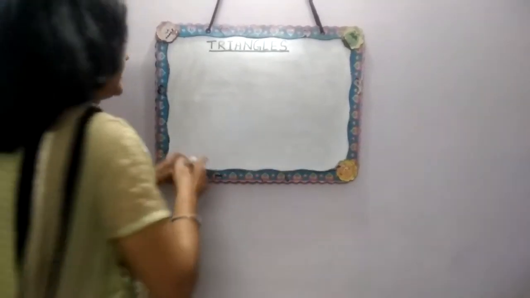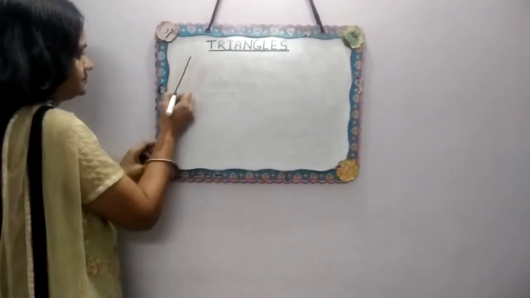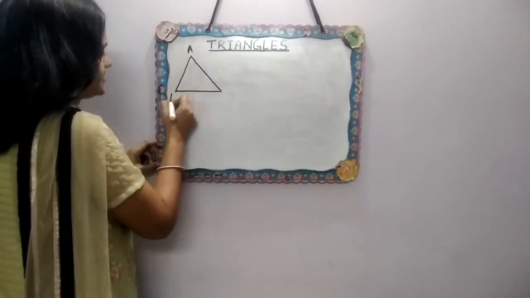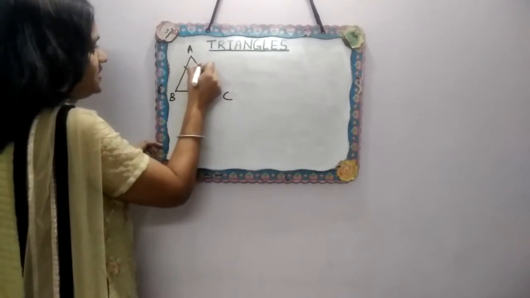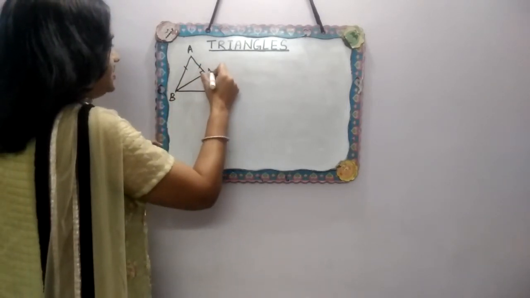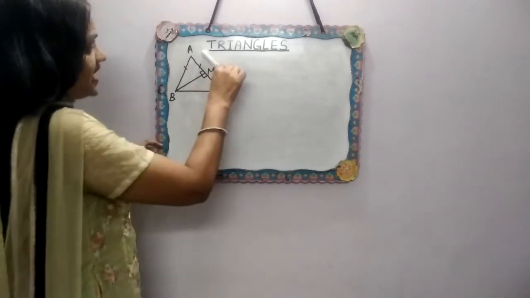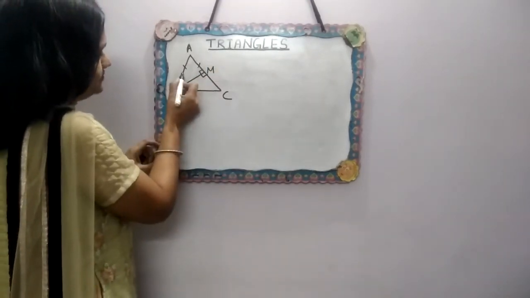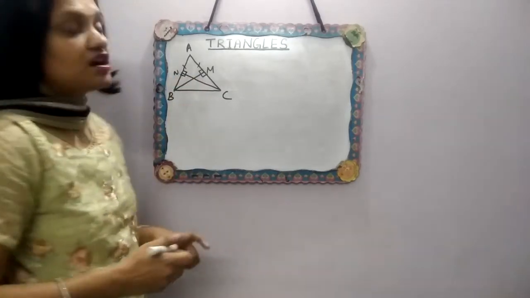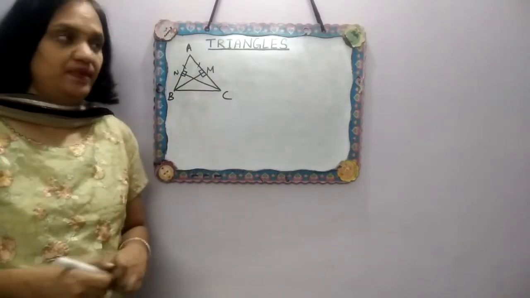Now let's take an example of an isosceles triangle ABC with AB equal to AC. BM is the altitude corresponding to side AC, and CN is the altitude corresponding to side AB.